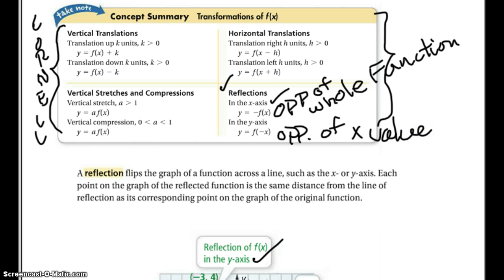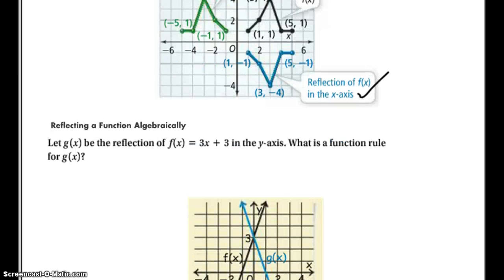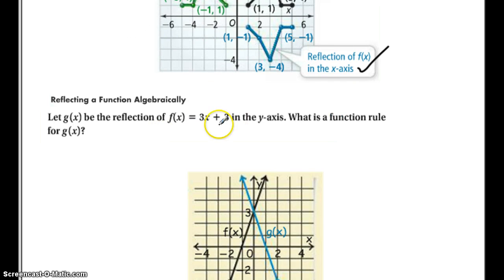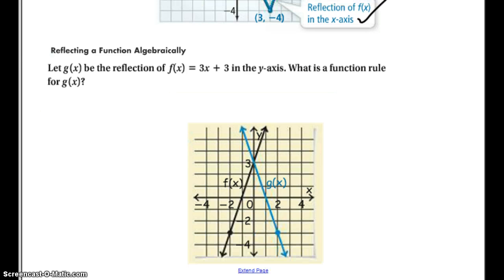So let's take a look at the one they had here reflecting over the y-axis. So they want to take this function and reflect it over the y-axis. 3x plus 3, that's going to be this positive graph right here, because your slope is positive. Goes right through 3 as the y-intercept, just like this slope-intercept form says. And they want to reflect it over the y-axis. It's almost like this arrow reflected to this arrow, and as a matter of fact, this point is reflected with this point.